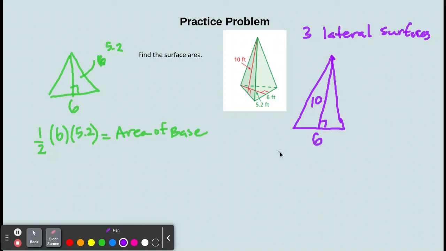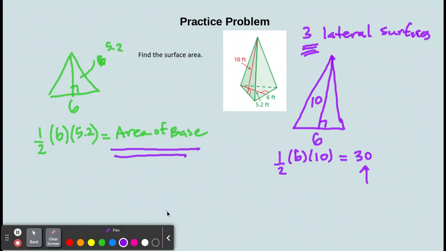So thinking back again, 1/2 base times height gives you the area of 1, which is 30. But you have 3 lateral faces, so you need to multiply this number by 3 and then add what you found for the area of your base, and that should give you your total surface area. Okay, and that is it for 10.3.